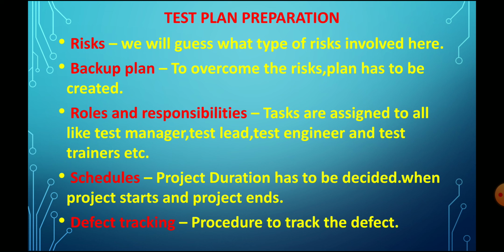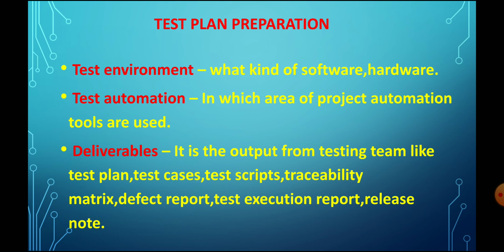Next, schedules. Project duration has to be decided, when the project starts and when the project ends. Next, defect tracking. The procedure to track defects and what kind of defect tracking tool is used here. Next, test environment.